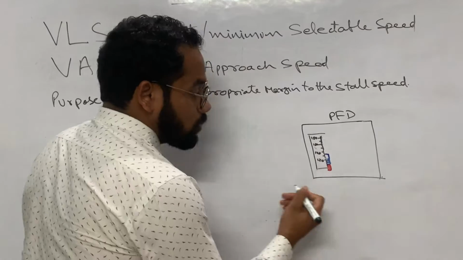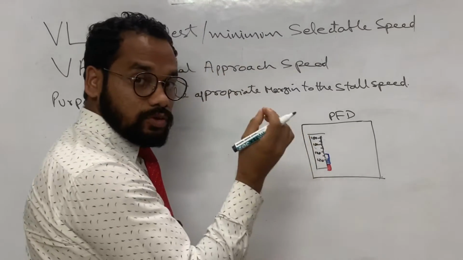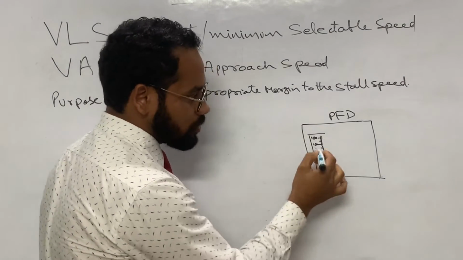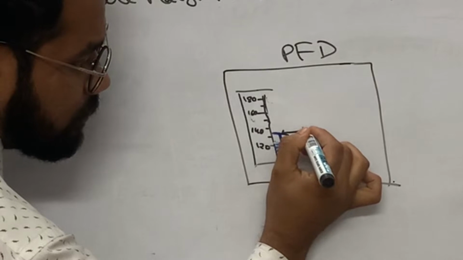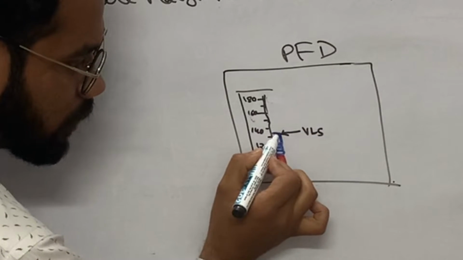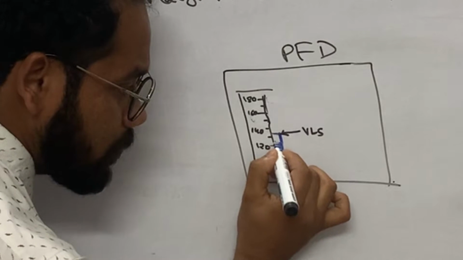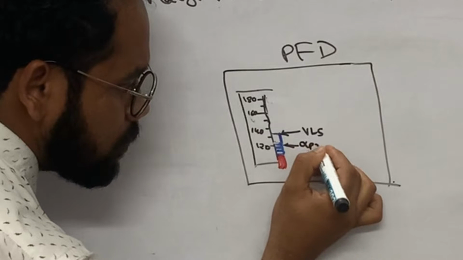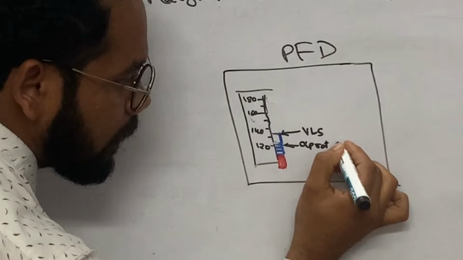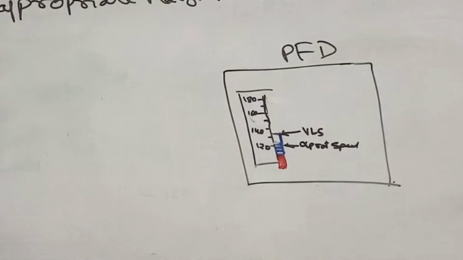Friends, the top part of the strip which is considered the amber strip, which will be shown in amber color though here on this board it's blue, is called the VLS. This is your VLS. Next, the top of this amber and white scale is your alpha prot speed, the speed at which your aircraft is at alpha prot.